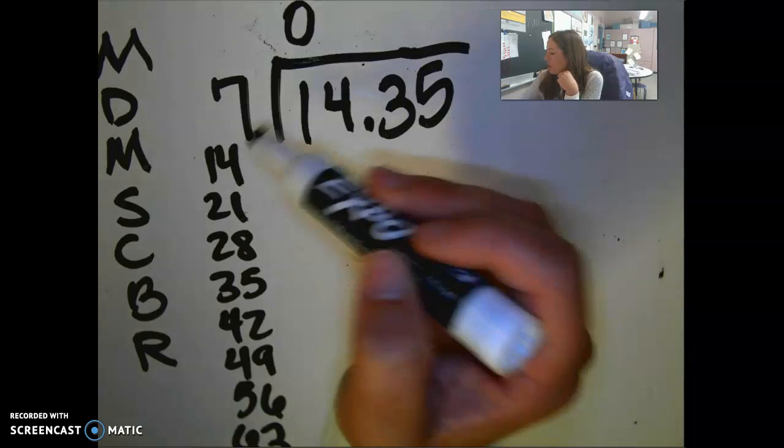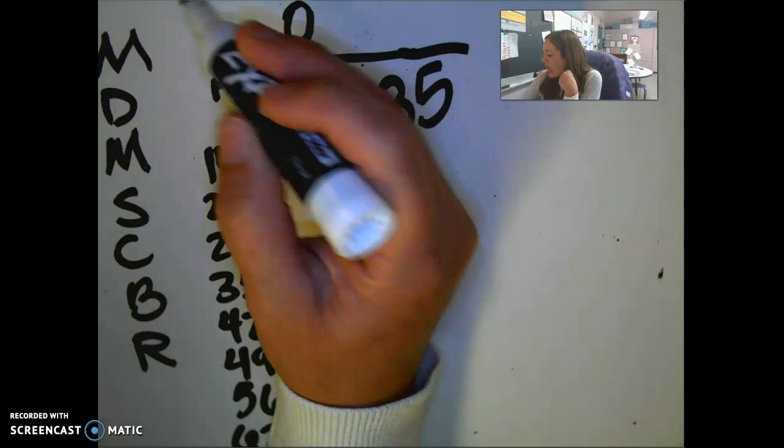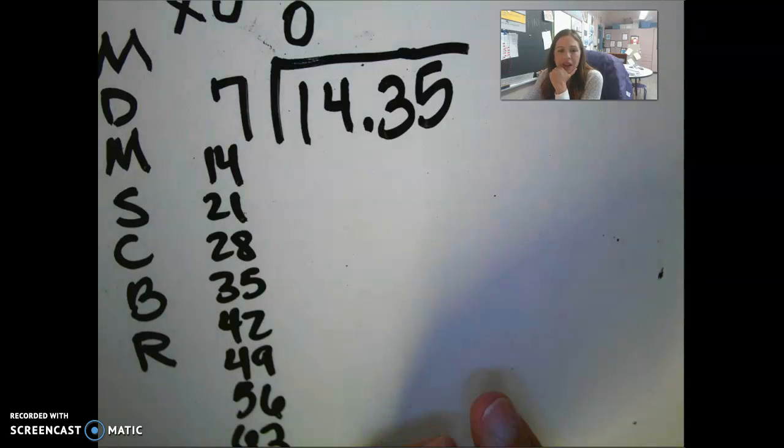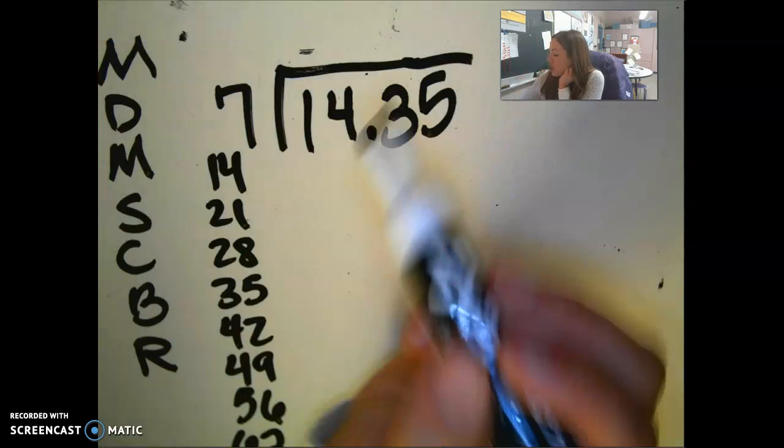So if we can remember that every time we have an X, it's actually the same thing as a 0, that might be able to help us if we have a 0 in the middle of our division problem.